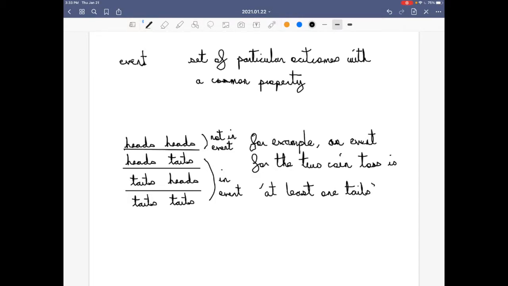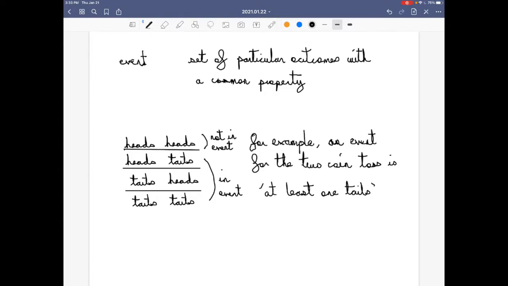So an event is a set of outcomes that are defined by some common properties. So here we have a sample space with 4 outcomes, and an event is a subset of that. The event being described in this example is heads, tails, tails, heads, and tails, tails.